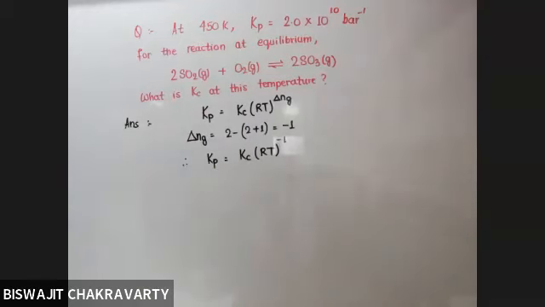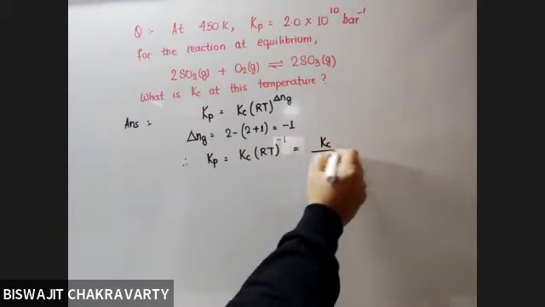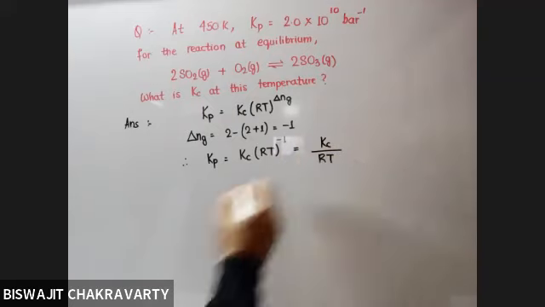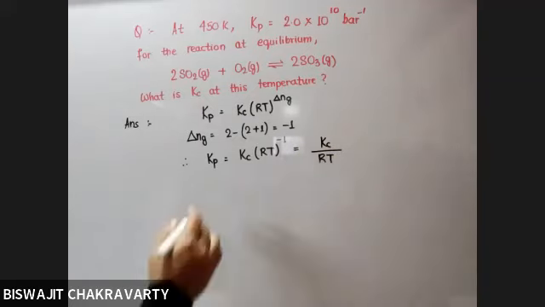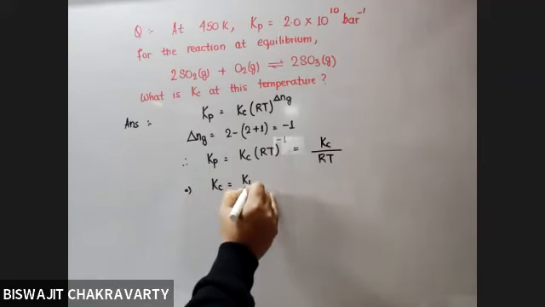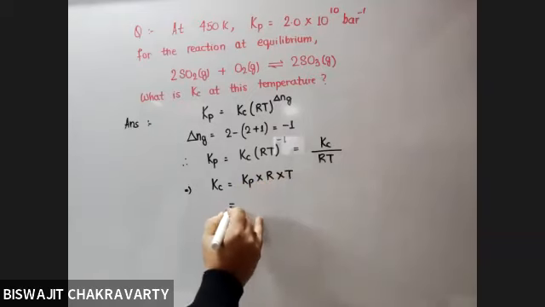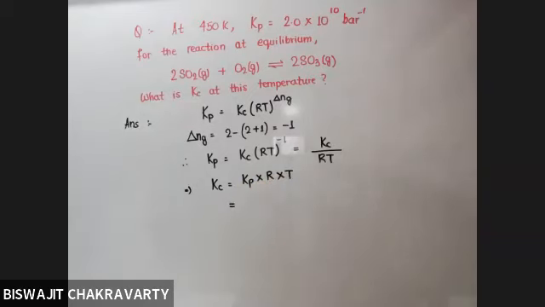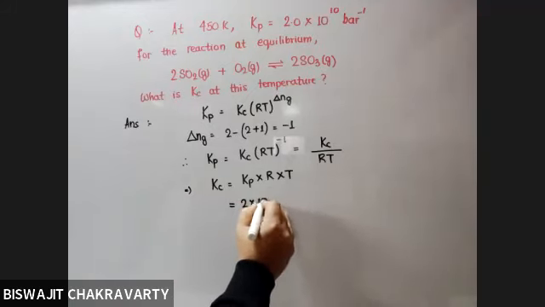Now you put in the values. So this is nothing but Kc by RT. What you are asked to calculate is Kc. Implies Kc will be equal to Kp into R into T. Kp is 2 into 10 to the power 10.